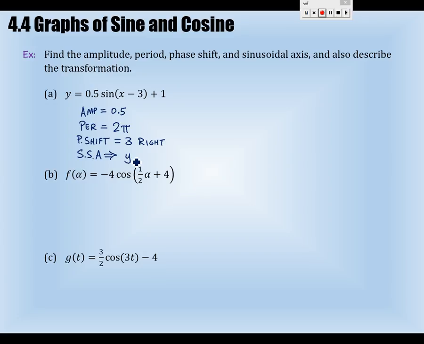Disagree. Okay, and then also, you're not off the hook yet, sorry. The transformation language. Can you say it in transformation language from Unit 1? Talk to me about translations and dilations and all that kind of stuff. Right? Reflections.